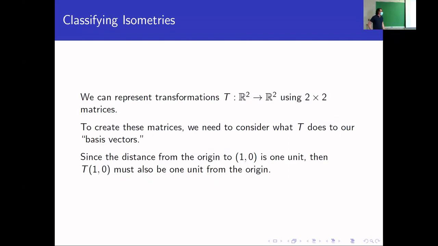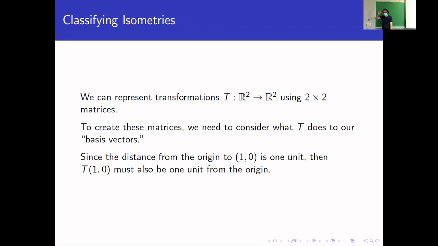What I want to do in the first part of this talk is classify isometries. In other words, if we have an isometry that maps R2 to R2, what can we say about it? What does it look like? Can we give a formula for the isometry? We're going to take a point in R2 and get a point in R2.